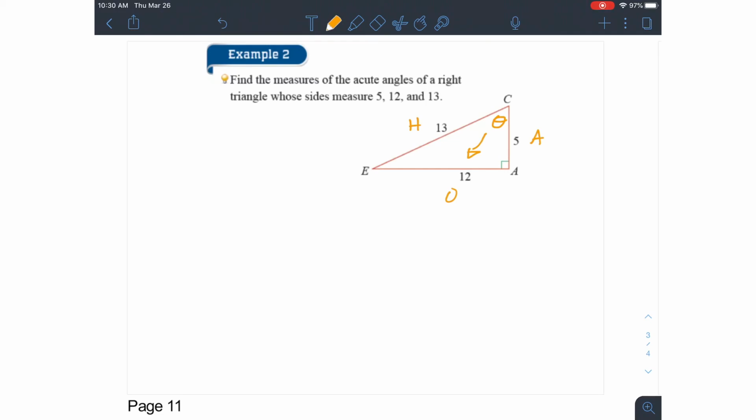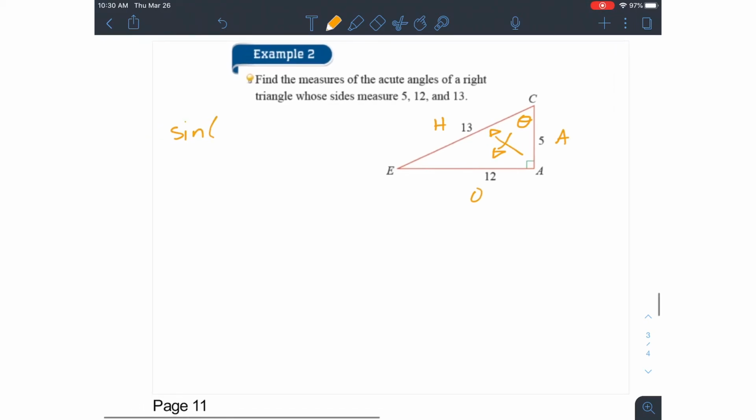So I can honestly choose whatever I want. There's all three sides given. So I'm just thinking I want to do sine. So I'm just going to say sine of C is equal to 12 over 13 because we need opposite over hypotenuse.